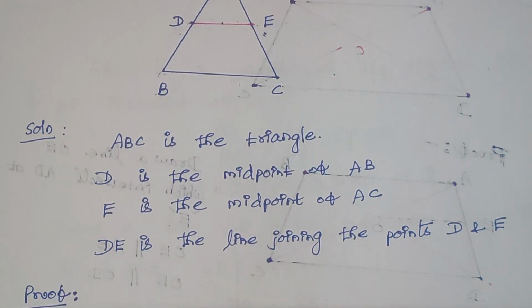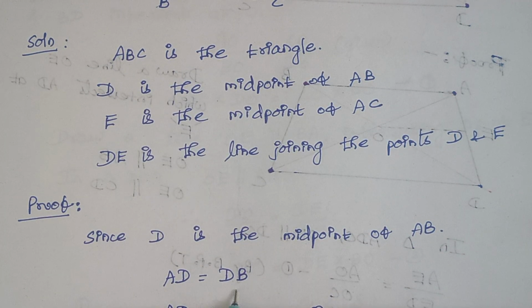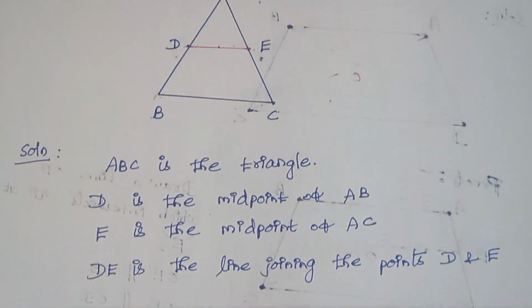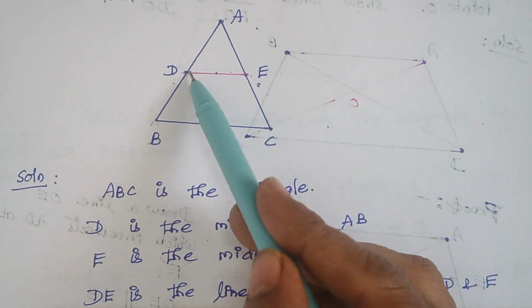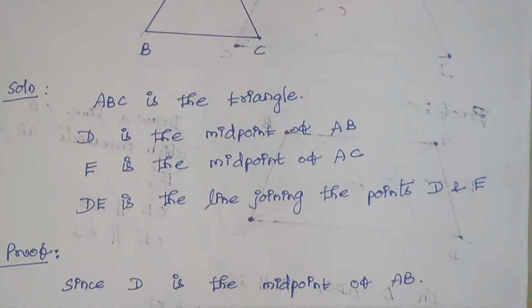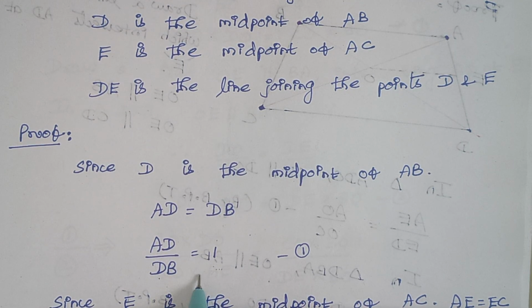Therefore, since it is a midpoint, we can write AD equal to DB. Because it is a midpoint, the length AD should be equal to the length DB. So when I move this DB to the left hand side, it occupies the denominator position. The right hand side is 1 because we have nothing left over. So AD by DB is equal to 1. Mark it as equation 1.